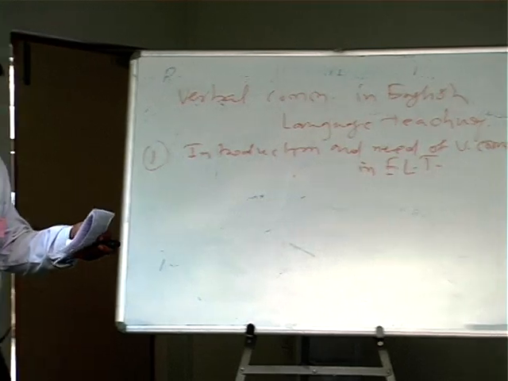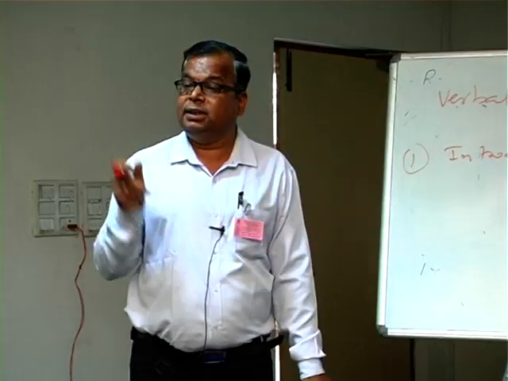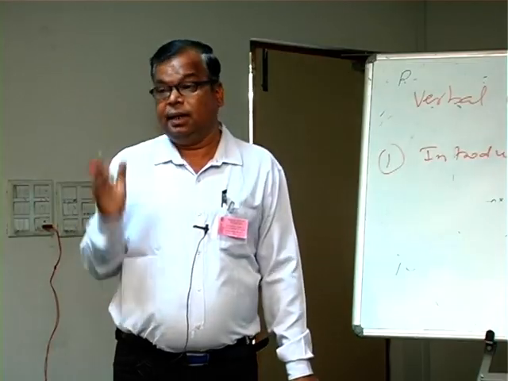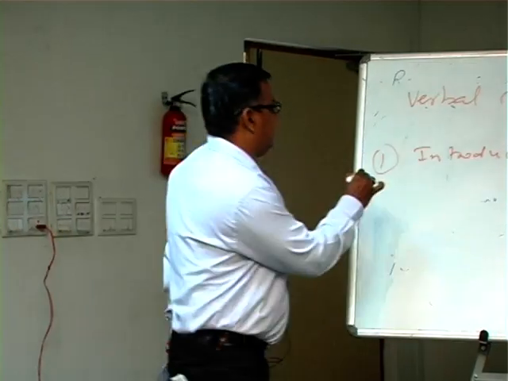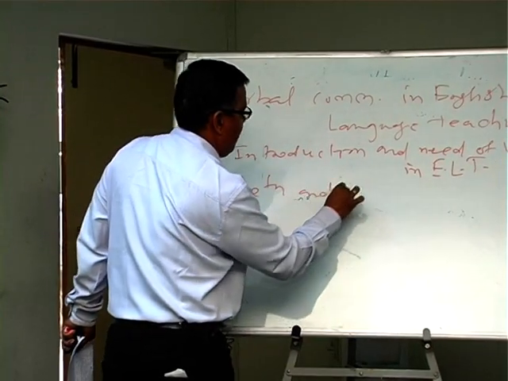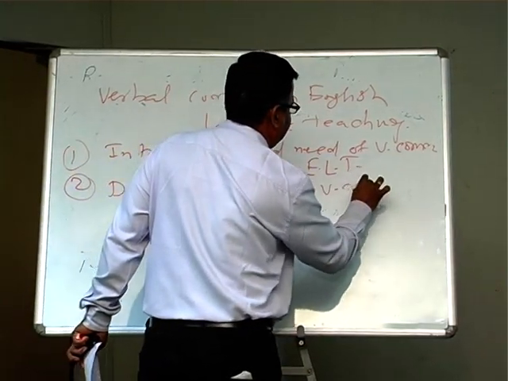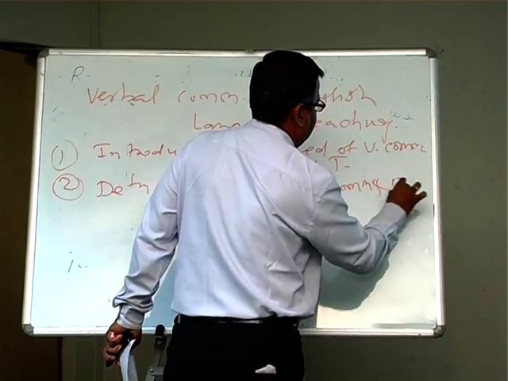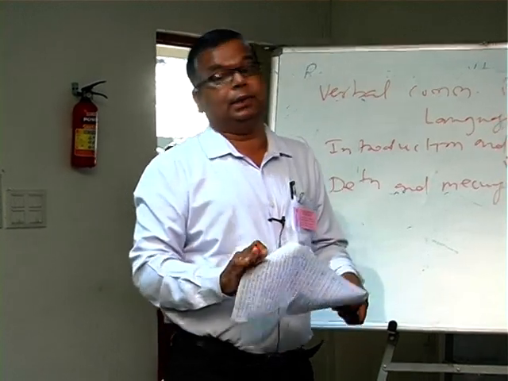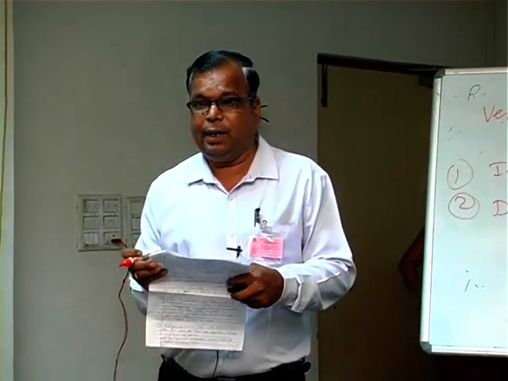The second important thing is definition and meaning: the definition and meaning of verbal communication in English language teaching. The third important point, very important for us in this study, is what is the exact aim.